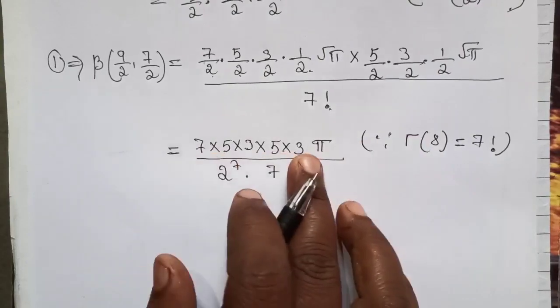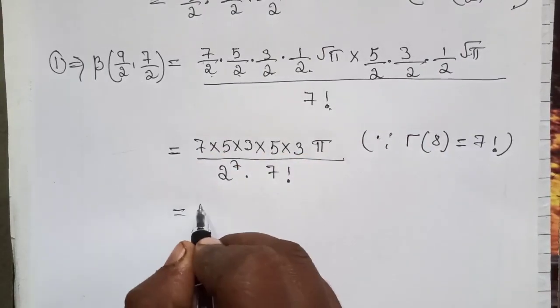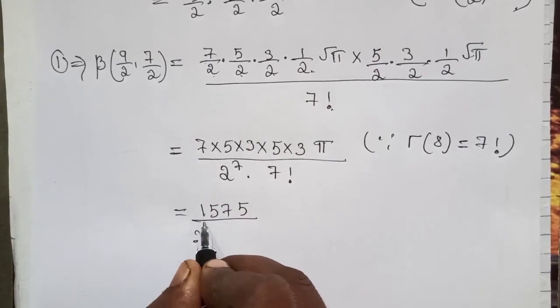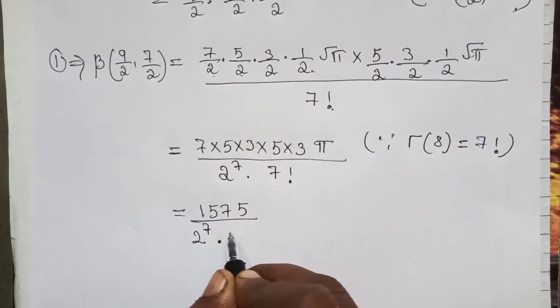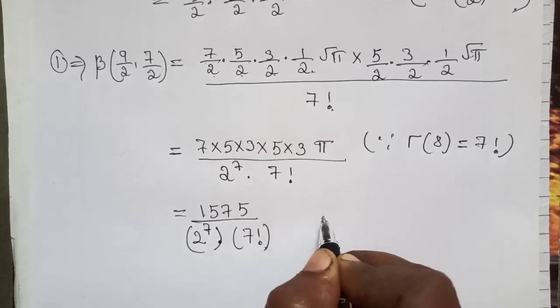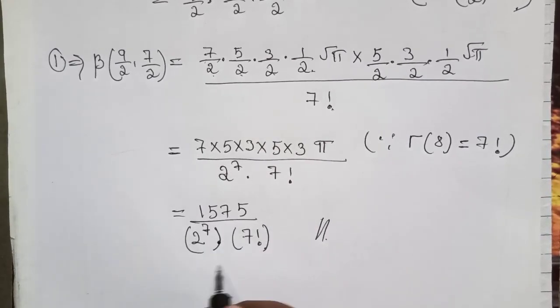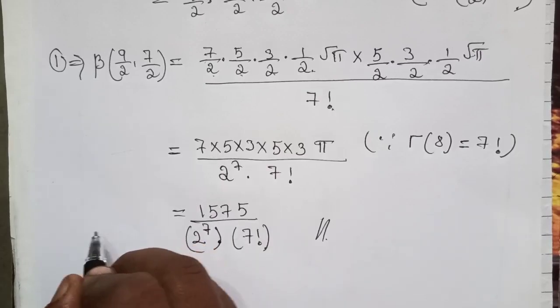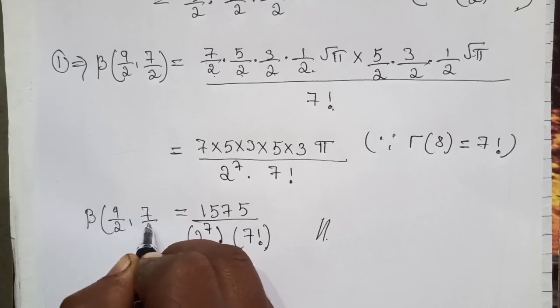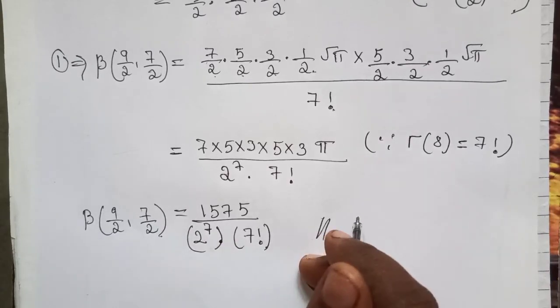Multiplying the numerator we get 1575 pi divided by 2 power 7 into 7 factorial. This is the required answer. You can simplify further or keep it as it is. So this is the required result.